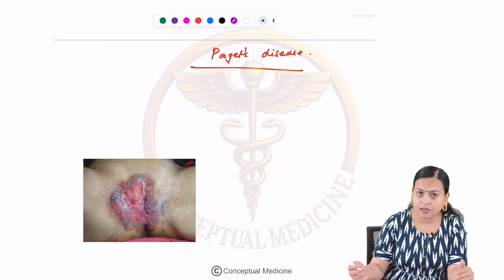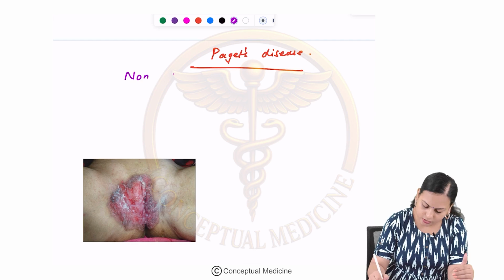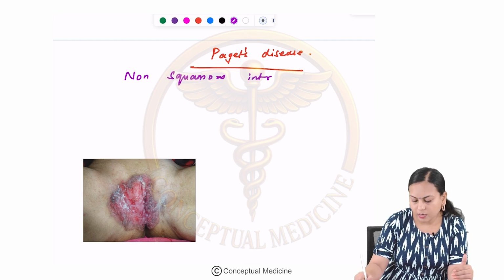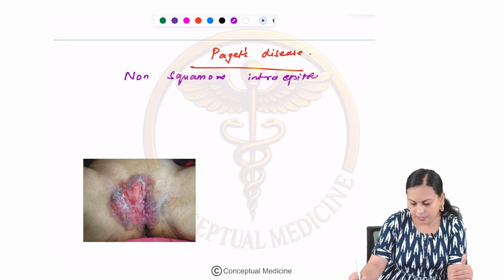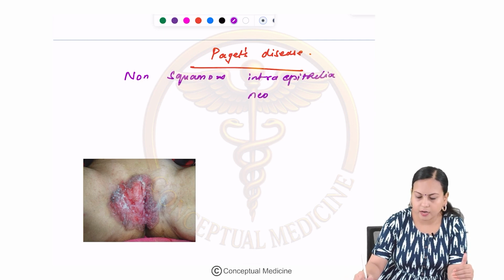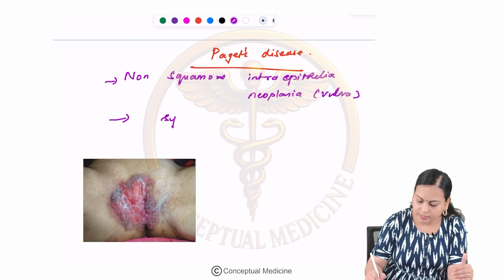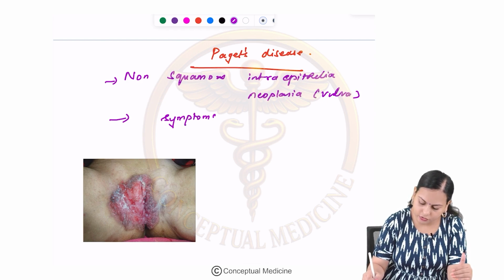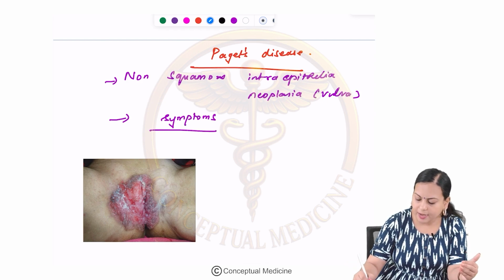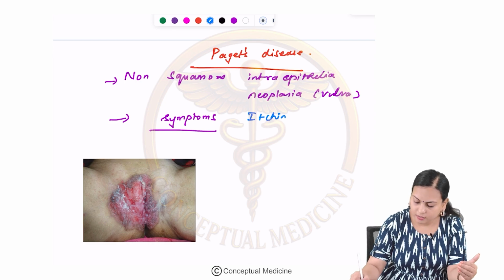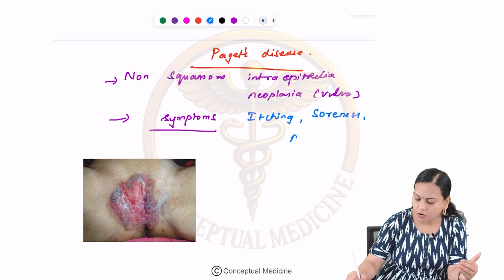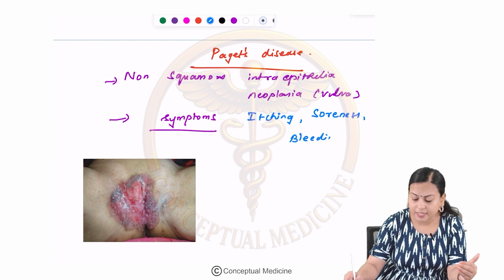So, this is a non-squamous intraepithelial neoplasia of vulva. Here the symptoms will usually be itching, soreness, or even bleeding.